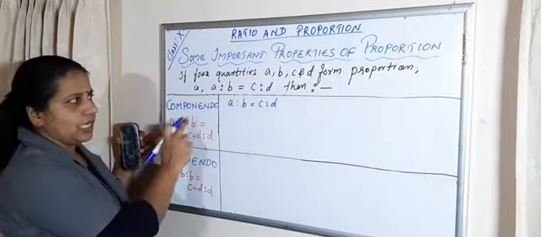Next I am adding 1 to the left-hand side, A by B plus 1, and C by D plus 1 to the right-hand side. That means there is no change.